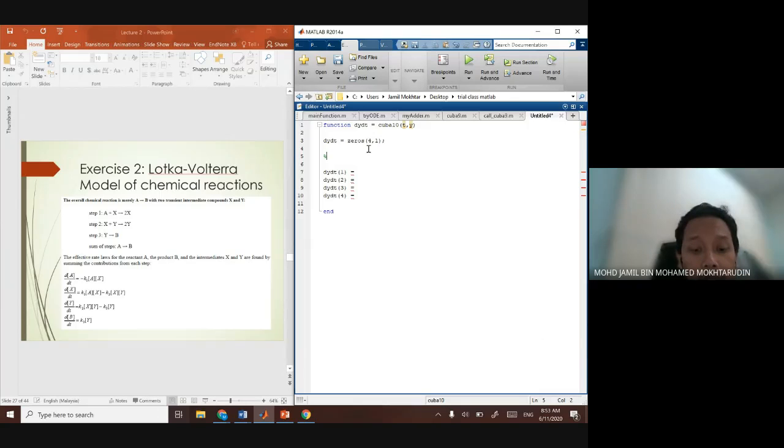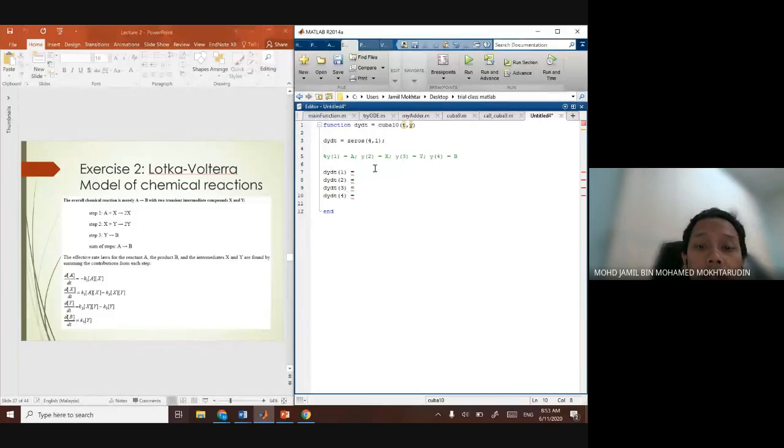Okay, so here we assume Y1 is A, Y2 is X, Y3 is the big Y here, and Y4 is B. So dy dt1 means dA dt, dy dt2 is dX dt, dy dt3 is dY, the big Y here, dt, dy dt4 is dB dt.